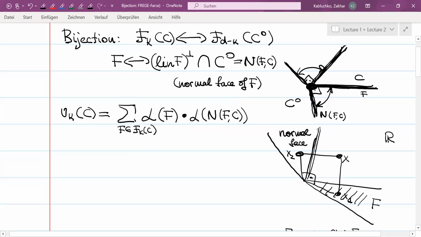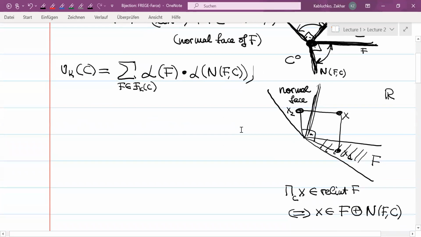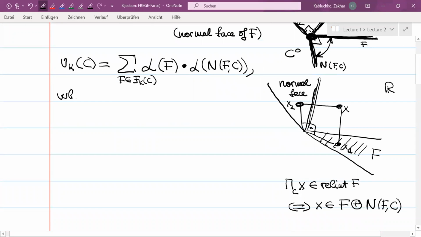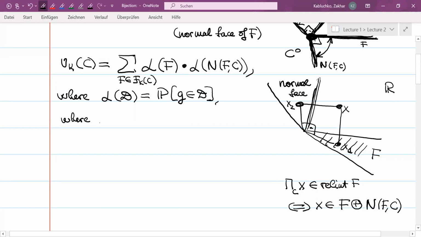So here, alpha denotes the angle of a cone, and it is defined, for example, as follows: alpha of some cone D is the probability that G is in D, where G is again standard normal or any rotational invariant vector, but not in R^d, because if it would be in R^d, then for such lower dimensional cones, it would give 0.